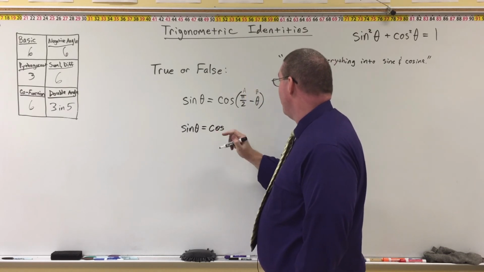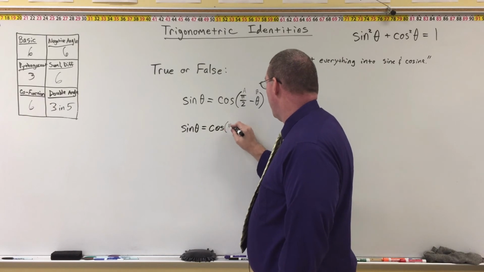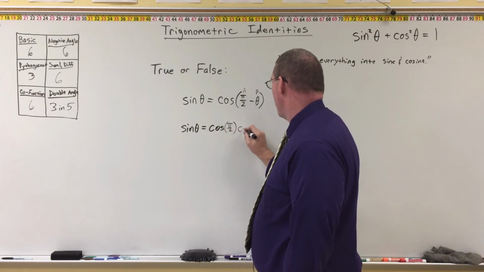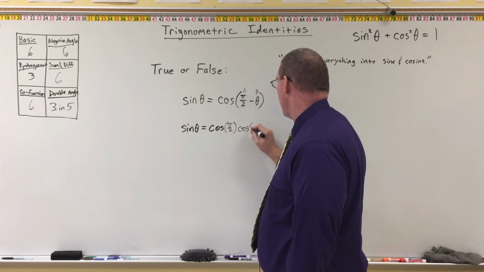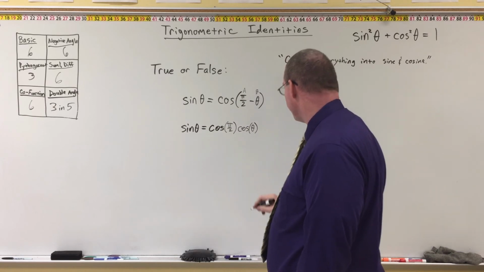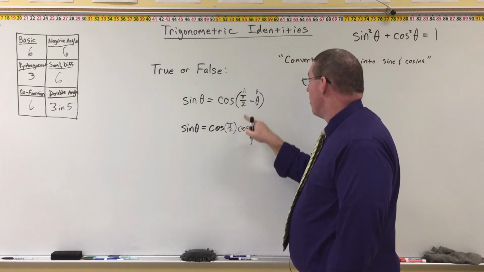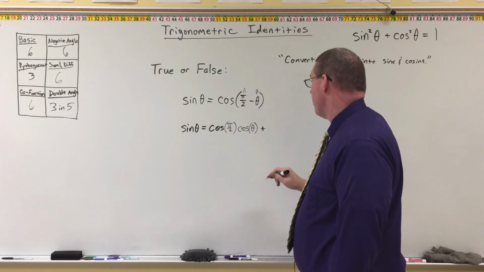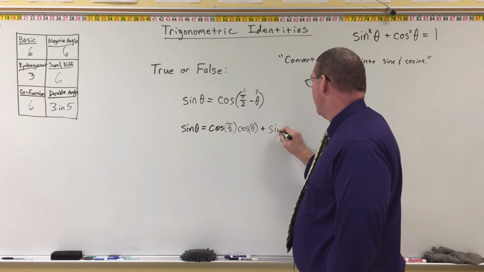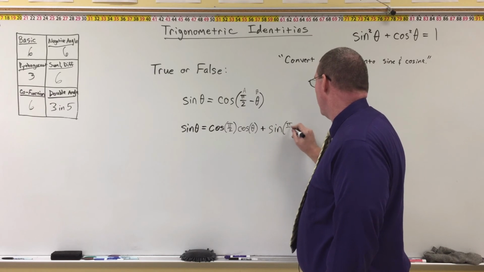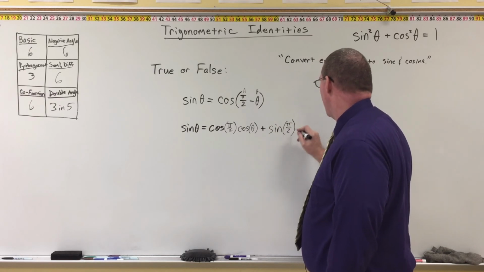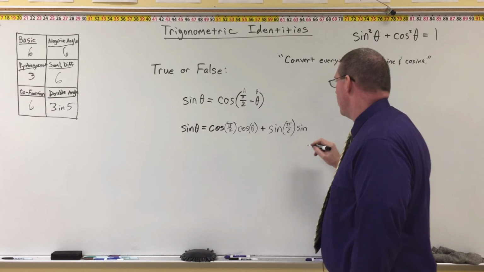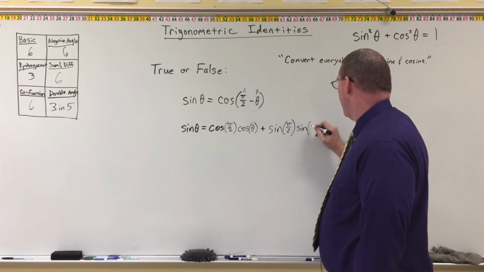So we're going to have cosine of A, which is pi over 2, times cosine of B, which in this case is theta, right? And now, remember, on the difference, it becomes a plus. So this becomes plus, and then it's sine of A, so sine of pi over 2 times sine of B, which is sine of theta, okay?